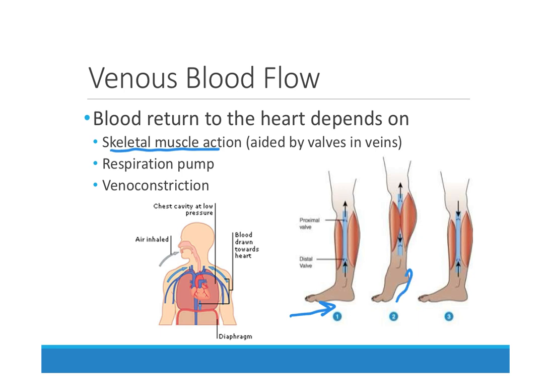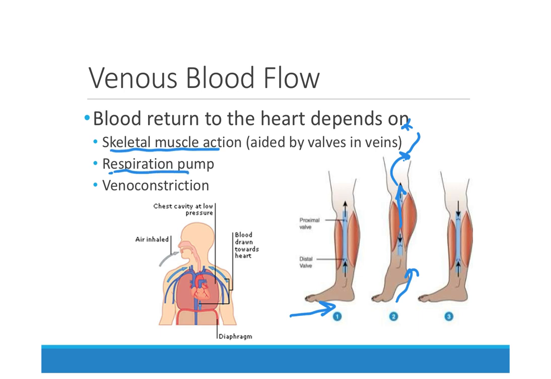Then as the heel is lifted, as we're walking around, it will push against the veins and shove a little bit of blood higher, and then the valve will keep it from backflowing, and so then that blood can be pushed further up the leg with the next motion and further up again until it eventually gets closer to the heart.